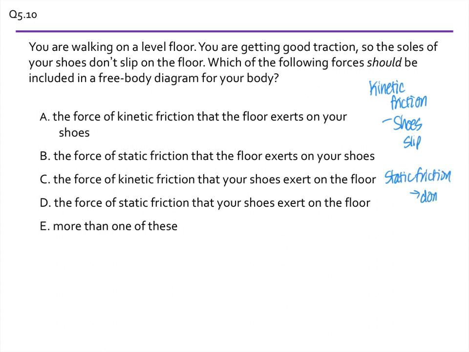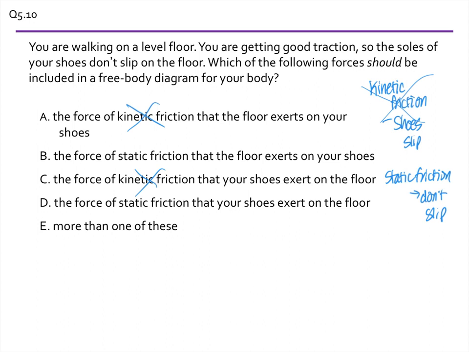we don't slip. And so you think about, as you walk around during the course of the day, do you want to slip? Do you want your feet slipping against the floor, or do you not want them to slip? And I'd say we do not want to slip. And so anything that has kinetic friction, we would say no. Now we have to look at the question more closely.